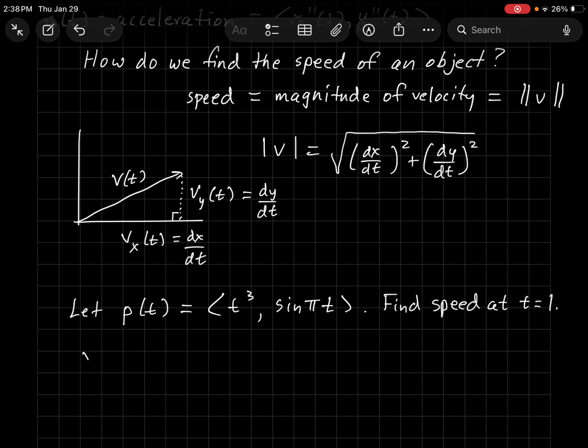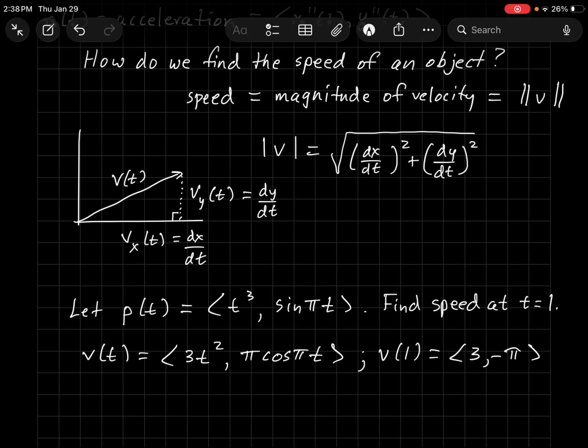We need to start by finding our velocity vector, which is 3t squared, comma, pi cosine pi t. And then our velocity at 1 is 3, comma, pi times the cosine of pi, which is negative 1.